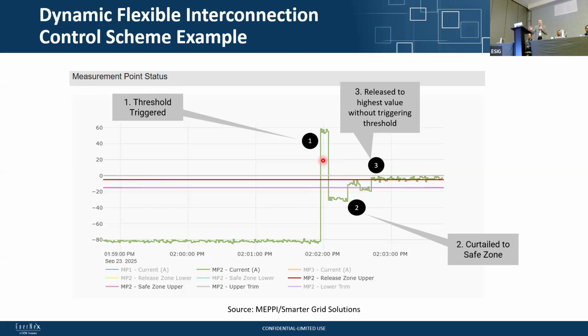So if I put a new DER on this feeder, I have to completely redo that logic? Potentially, yeah. You're right, it adds additional complexity. As the feeder network changes, you may have to go back and look at whether these constraint points and thresholds are still what we want to use.